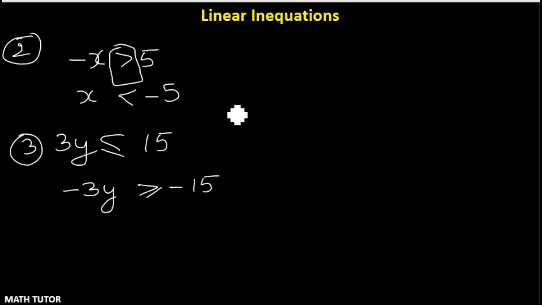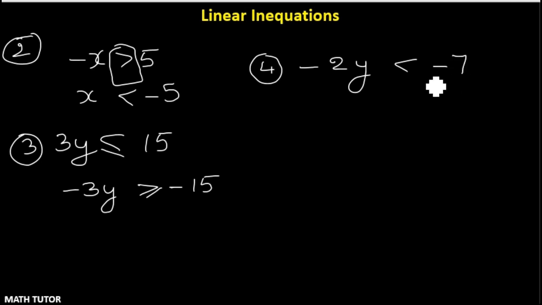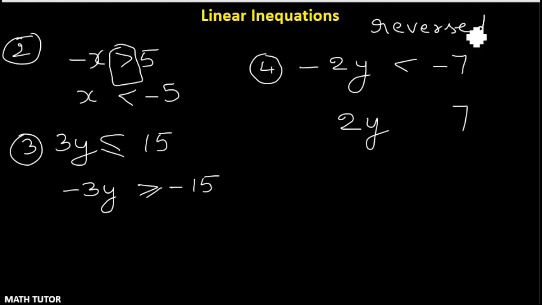Okay, we can see one more example. Minus 2y less than minus 7. Now I'm going to take out the negative sign from here. Kids, now you tell me what happens to this inequality. It will become reversed, right? So less than will become greater than.